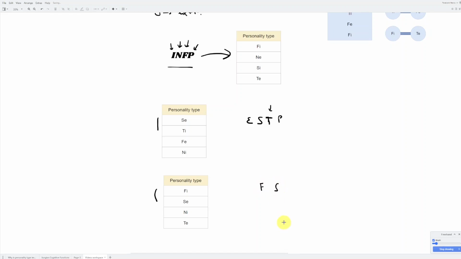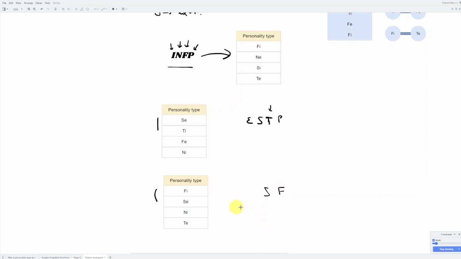But we need to be a bit careful here, because actually in the 4-letter code, the judgment process is always third. So you see the feeling is third, and here the thinking is third. It cannot be second. So even though the first two functions are F and S, actually the order in the 4-letter code is going to be the opposite. So the order is going to be S and then F. So these are the middle two.